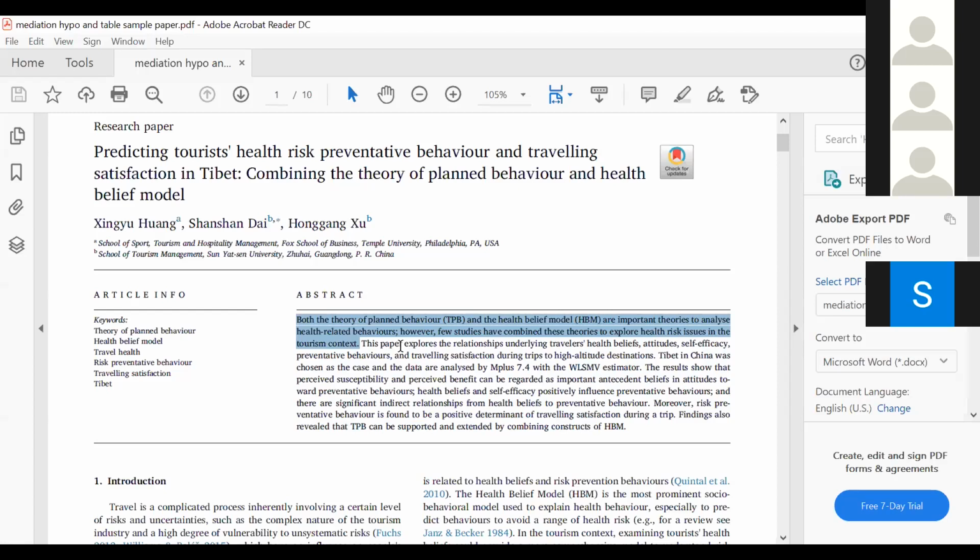Having said that, an introduction chapter tells the gap in research. And these 2 lines in the abstract are also talking about gap in research, novelty of the paper.